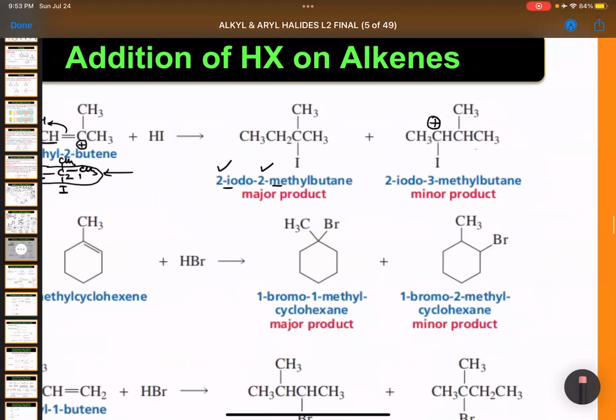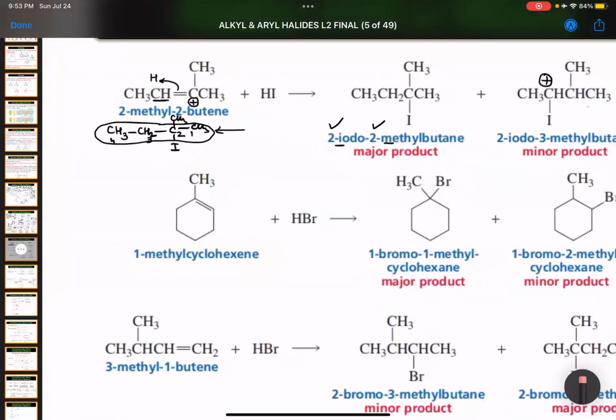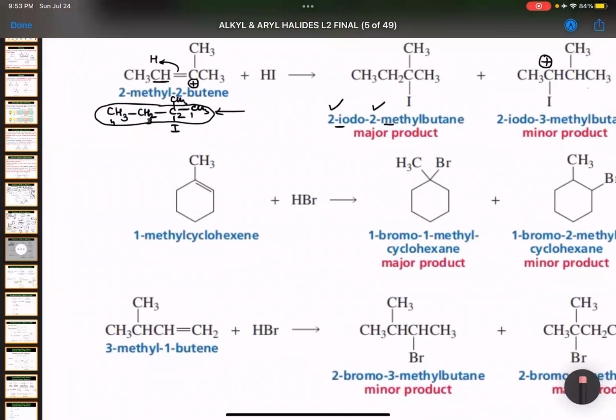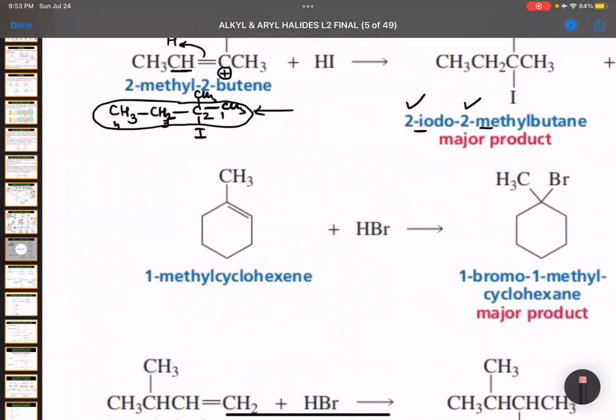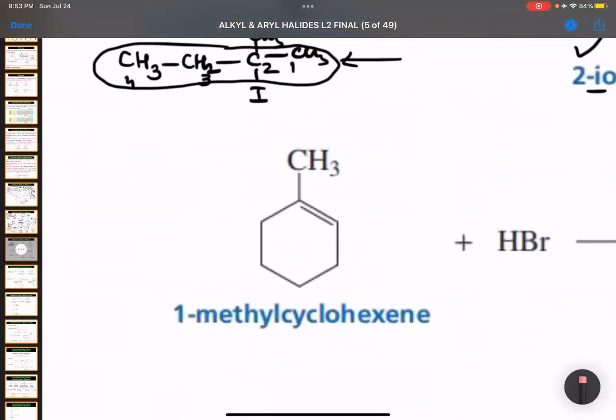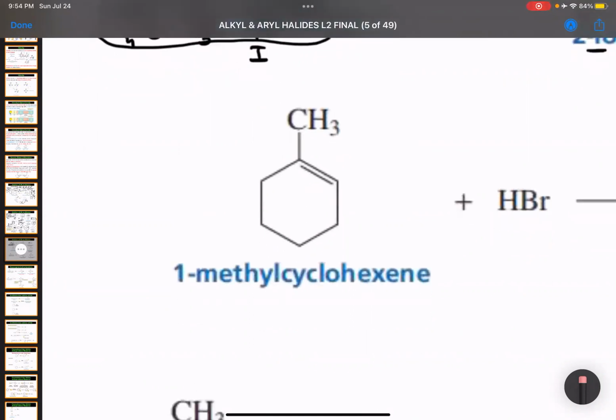And similarly, you need to know this. These are the questions which come very frequently. In all the examinations, NEET, JEE, these are the most common questions which are asked. So what is the IUPAC name of the major product which is formed by addition of HBr on 1-methylcyclohexene?